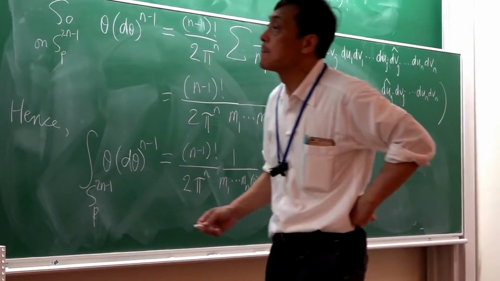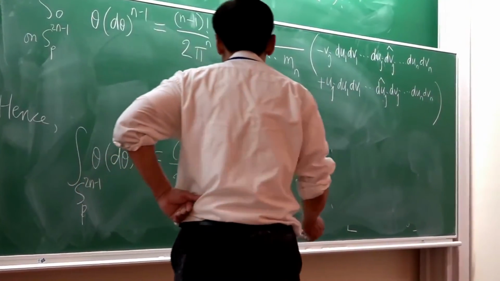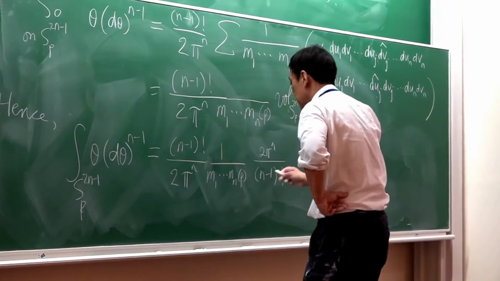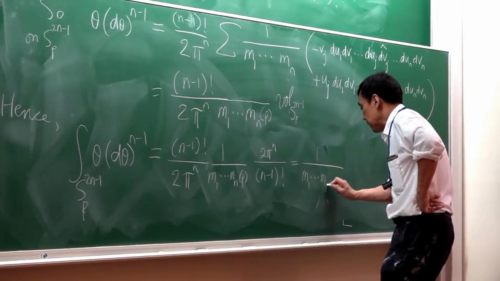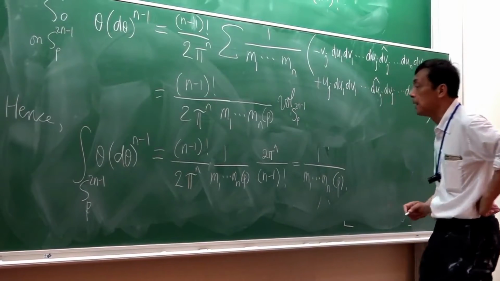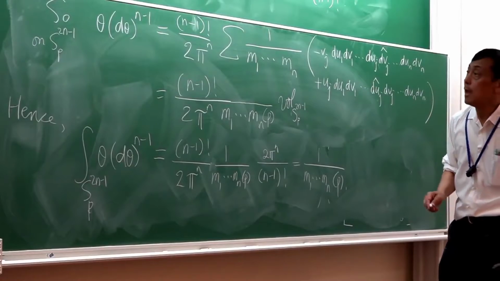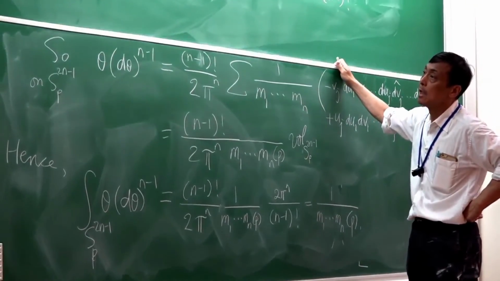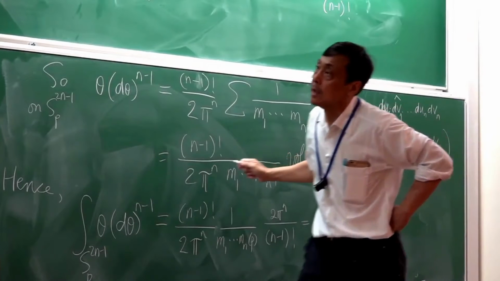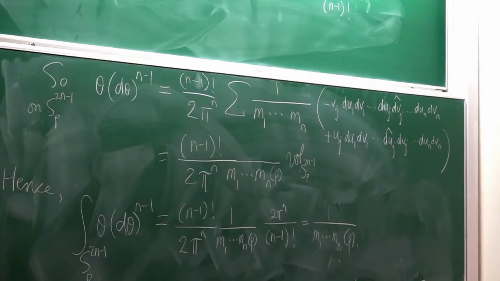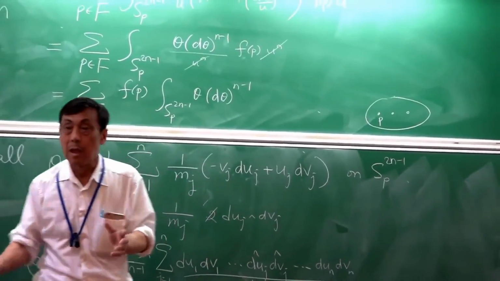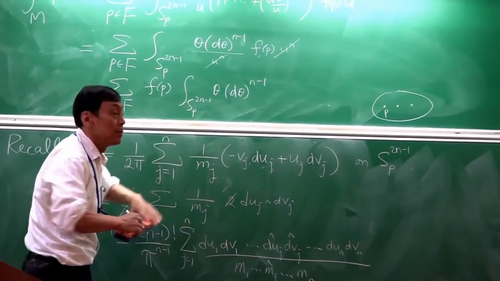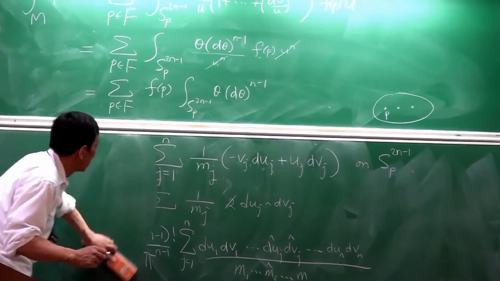And yeah, so actually you get a lot of cancellation. You just get 1 over the product of the exponents at p. Okay. And now you go back here, you put it into this formula, so you get f_p over the product of the exponents.